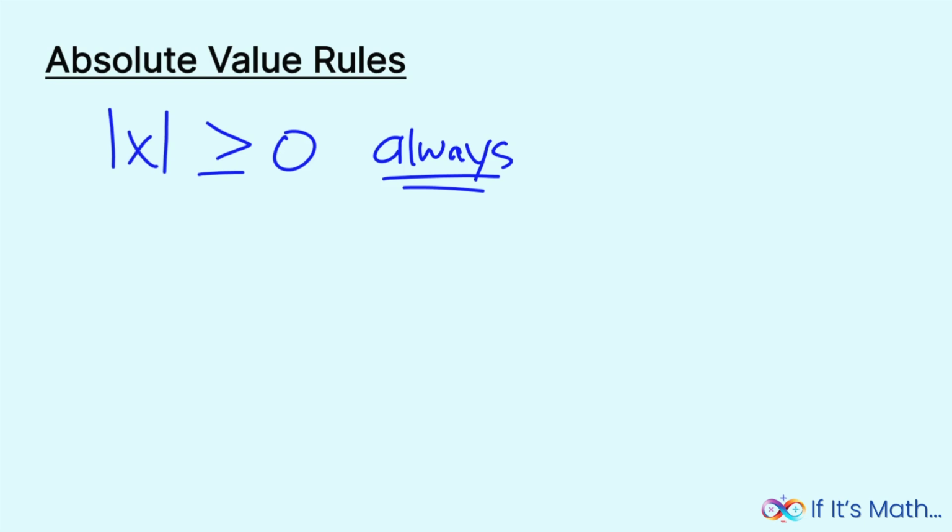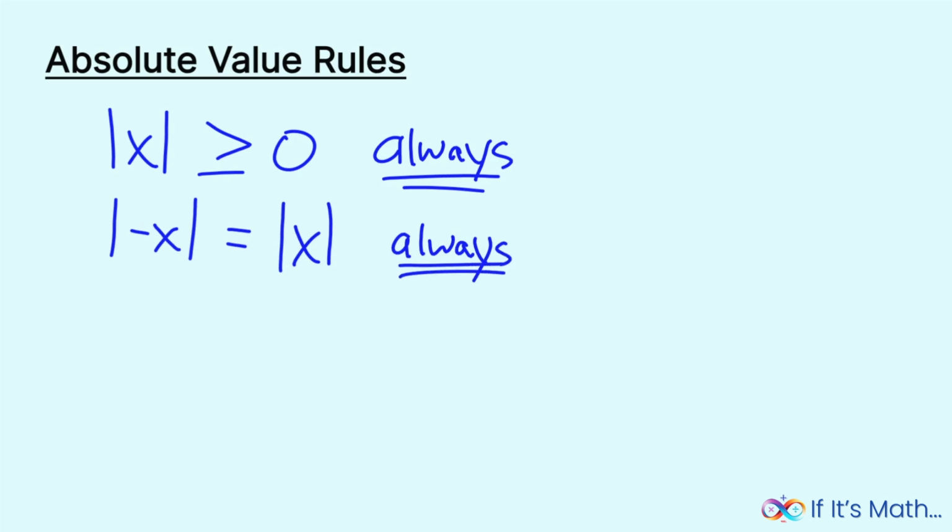Another rule is that the absolute value of -x will always equal the absolute value of x. That is another firm rule. In the example we did before, the absolute value of -3 is the absolute value of 3. Those two things are going to be equal.